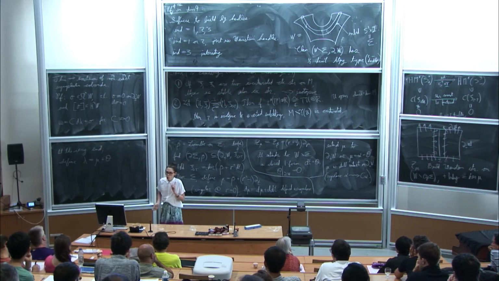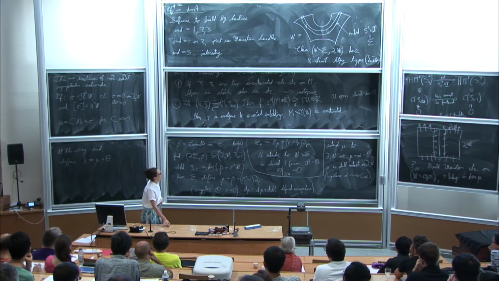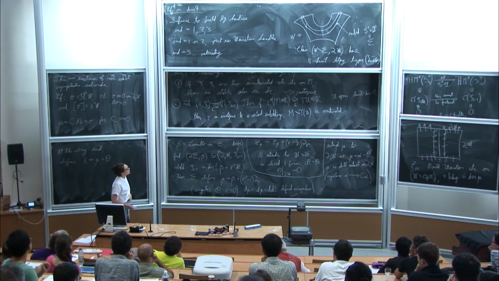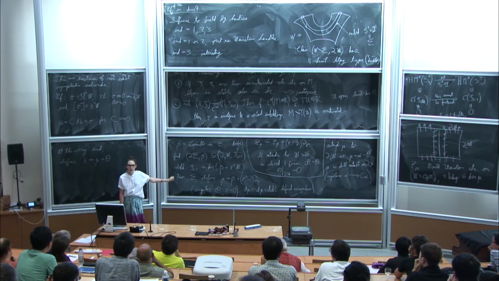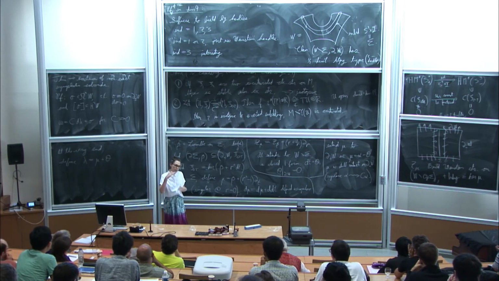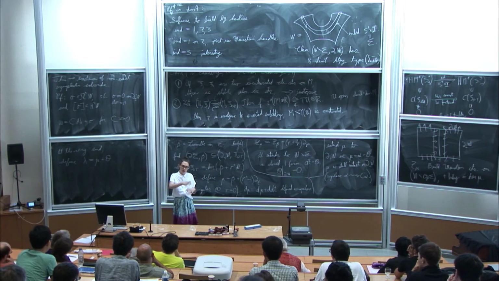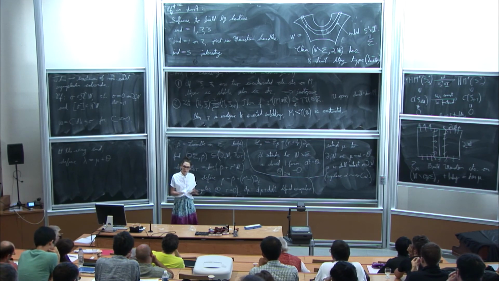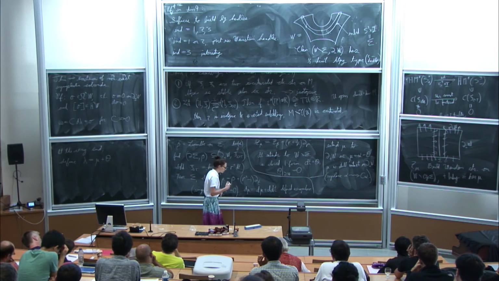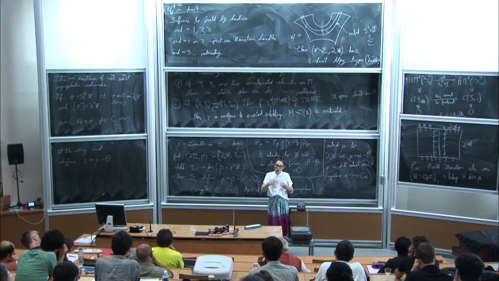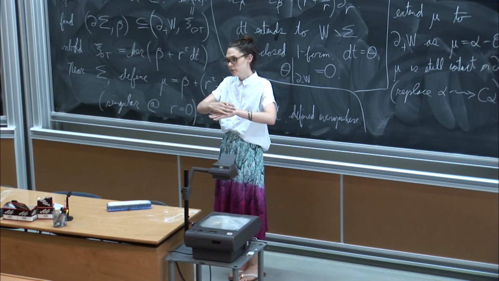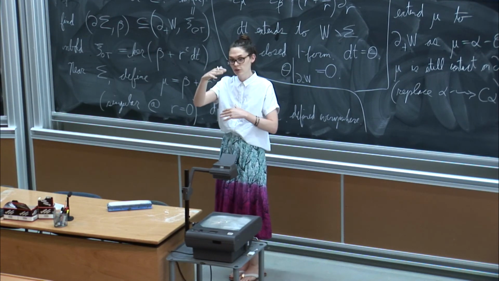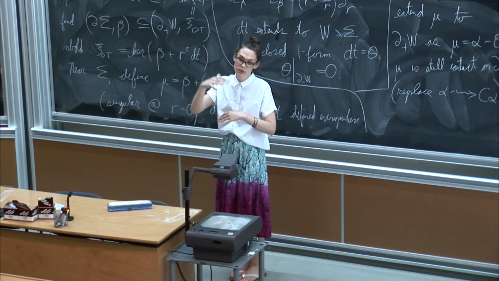Maybe I'll just say one word about the higher dimensional case. So first of all, being able to prescribe the contact boundary at the top, that's kind of completely irrelevant to us. It turns out that in high dimensions, there's always a concordance from an overtwisted contact manifold to any contact structure you want, just on a product.